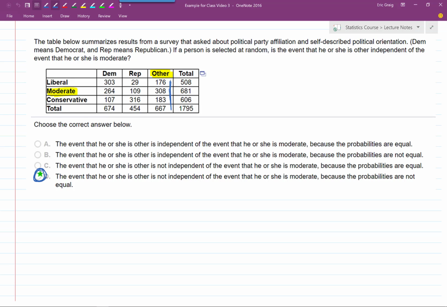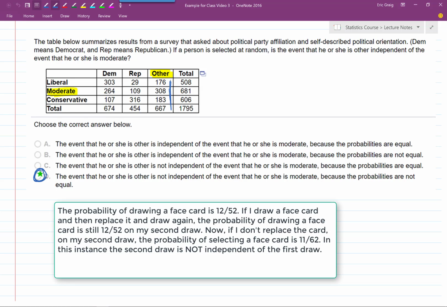Sometimes when you have an artificial example, throwing a dice, flipping a coin, drawing a card, the events will be independent of one another, because knowing that I just picked a queen, for example, a face card, from a deck of 52 cards, if I put that card back into the deck and I'm sampling with replacement, knowing that that card was a queen doesn't help me predict what the next card is going to be.